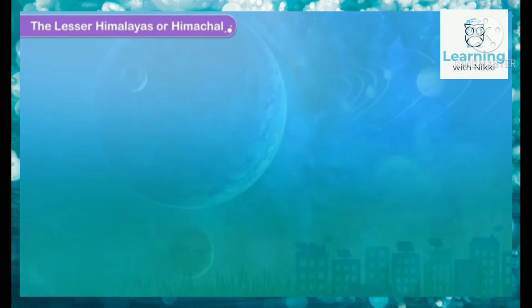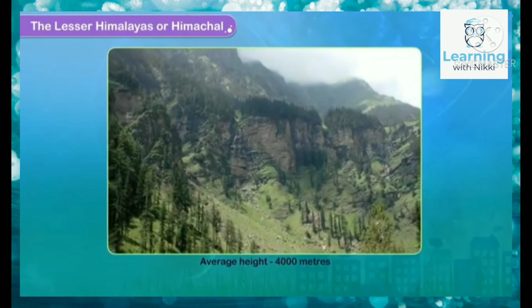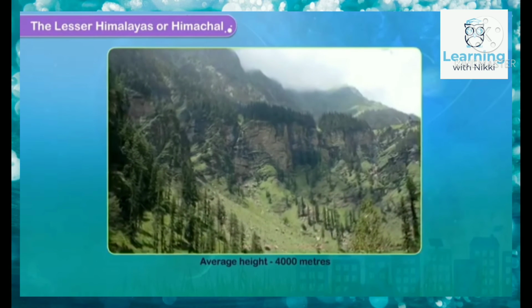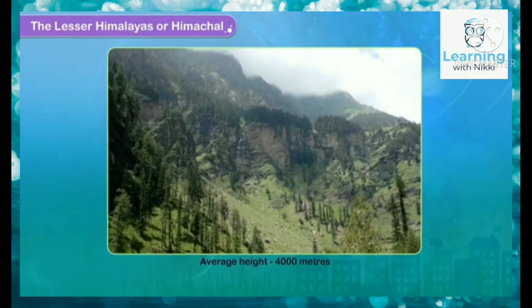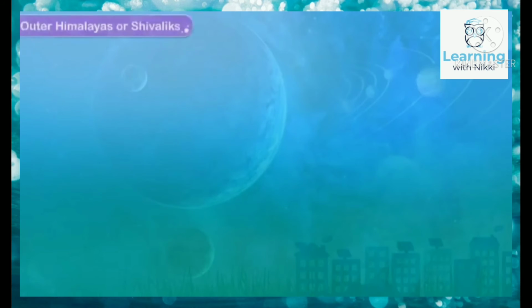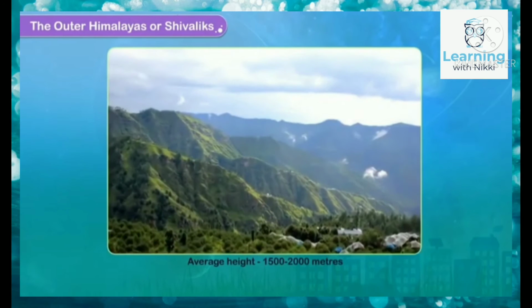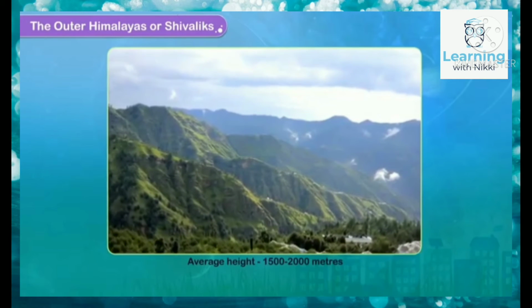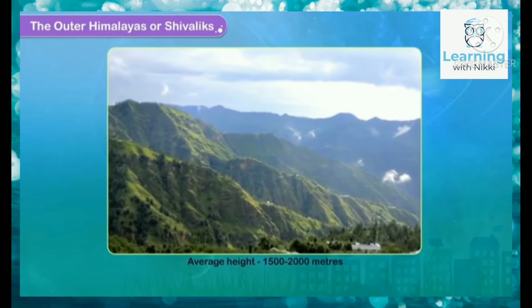The Lesser Himalayas or Himachal. The average height of this range is 4,000 meters. The Outer Himalayas or Shivaliks. These are the shortest in height of all the three. The average height of this range is 1500 to 2000 meters.